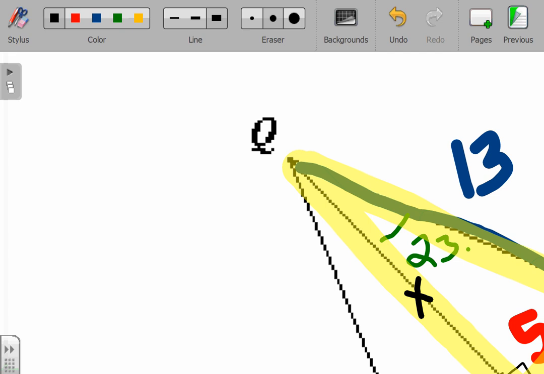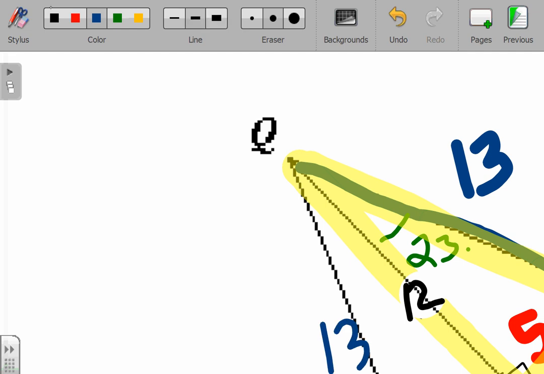Follow with me, guys. Okay, so we just found that this segment length here is 12, which means this is also 12. What else can we find?